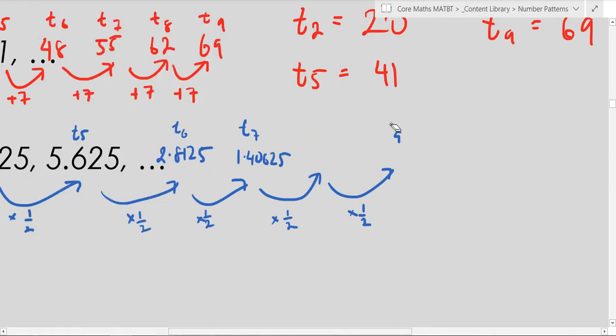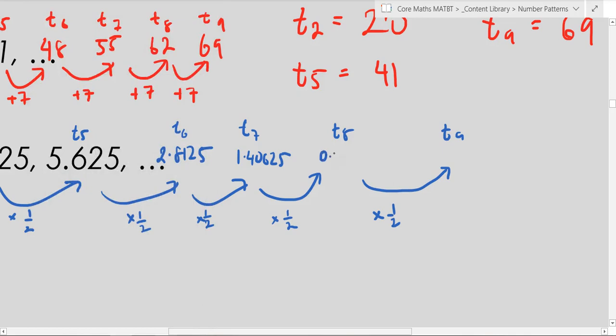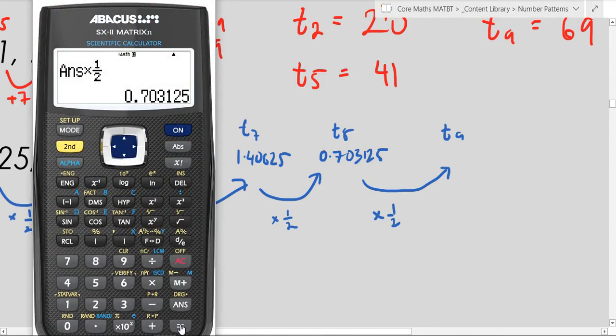I might move this here so we have space. Okay, where were we? 0.703125. And term 9 is going to be some crazy, ridiculous 0.3515625.